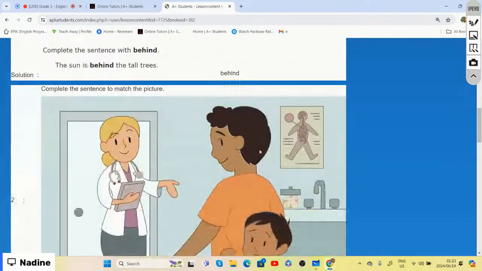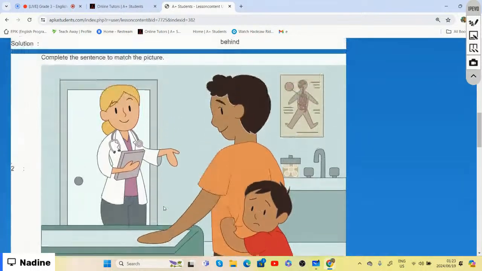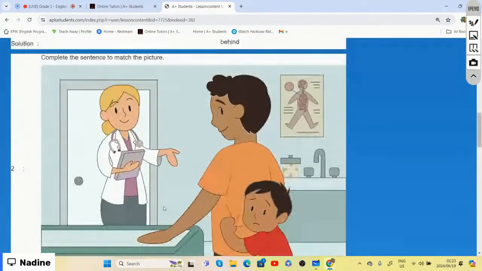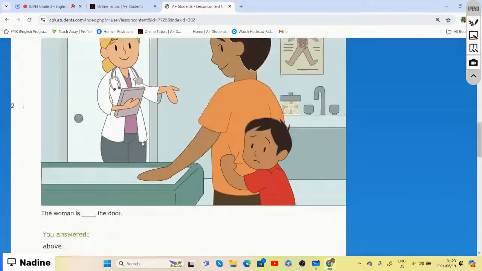All right, the woman is the door. Here we have the door, and here the woman is standing.